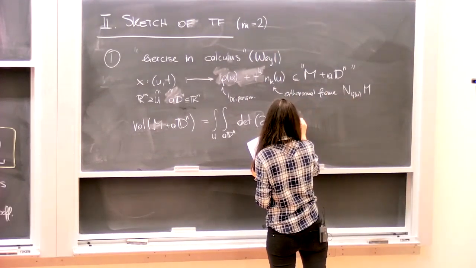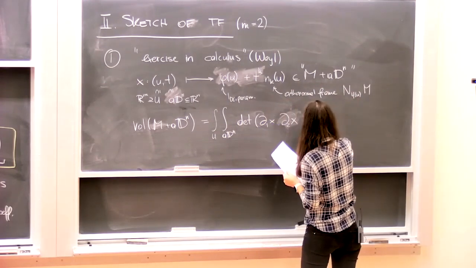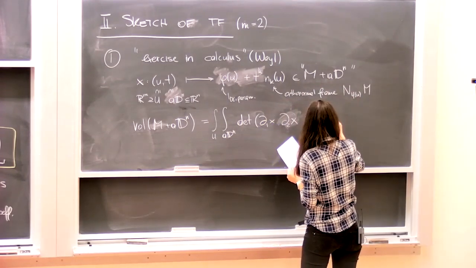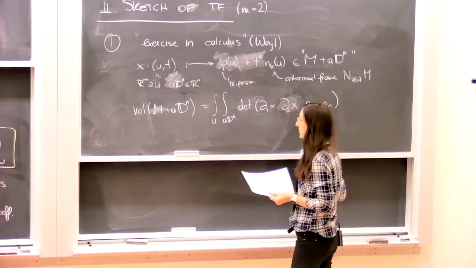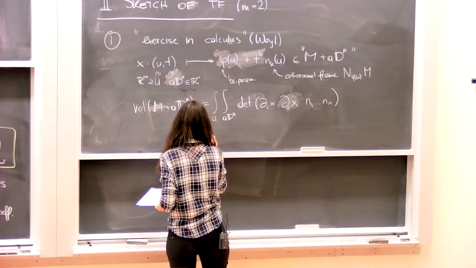Then I don't need to write that much, okay? Then I have n normal directions, and this is the Jacobian, and then you do a little bit of computation, the calculus exercise.